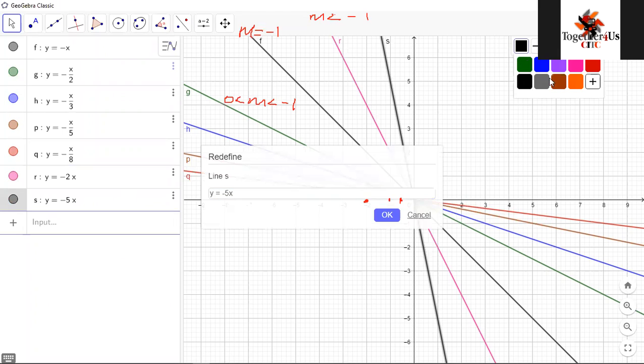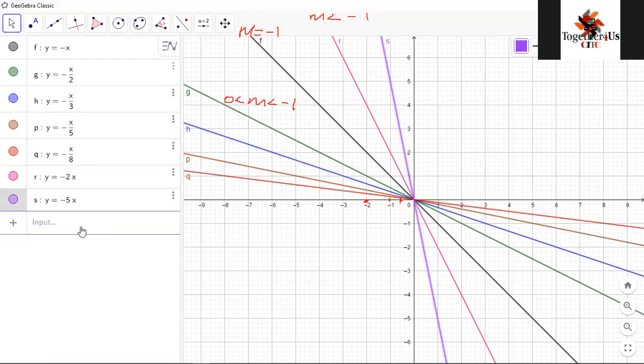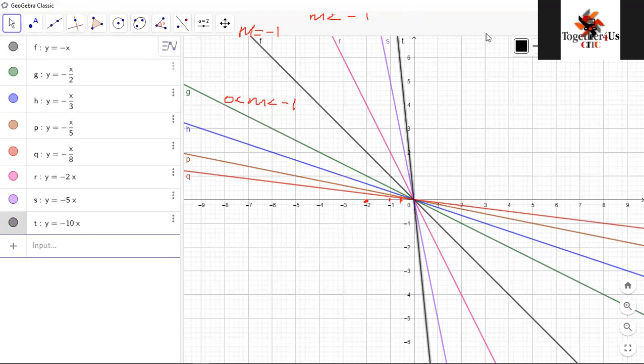Let's give that maybe purple. And we now know what will happen if I have -10x. I set positive there, so I must have -10x. We can see again it is getting much closer, way closer to the x-axis.